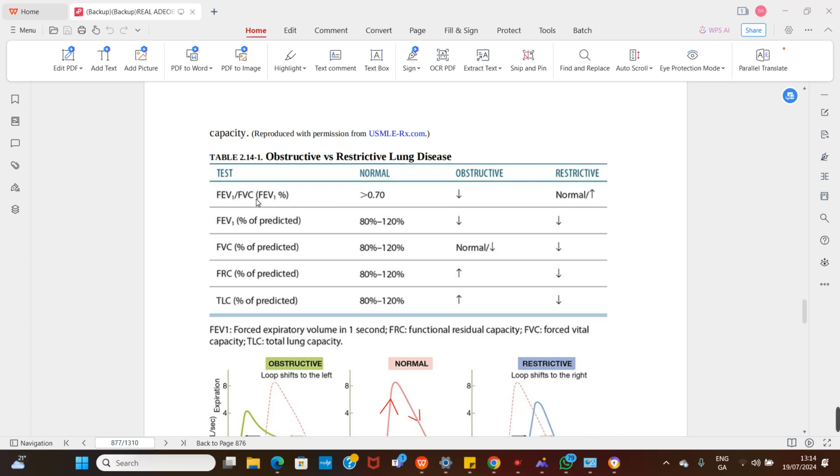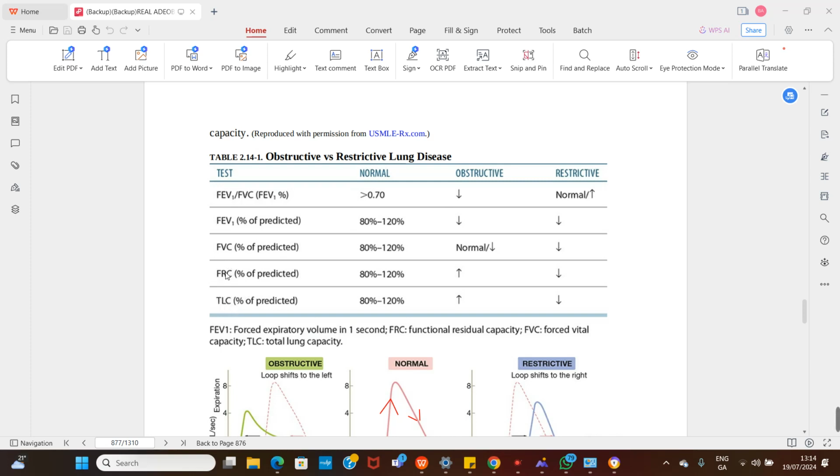That is the total amount of air you can maximally exhale after you have taken a maximal inhalation. Very easy. That's your forced vital capacity. Then you can extrapolate your functional residual capacity and your total lung capacity.